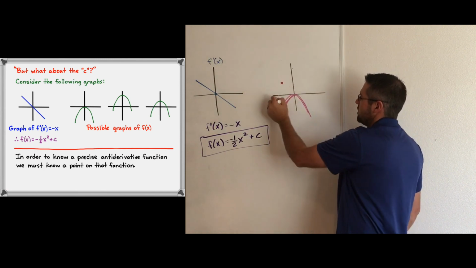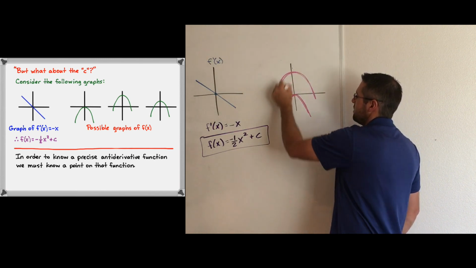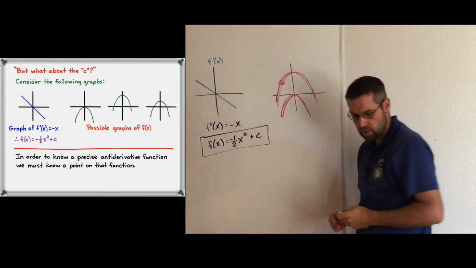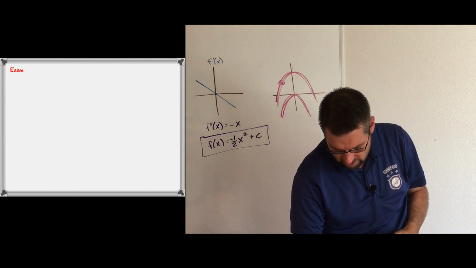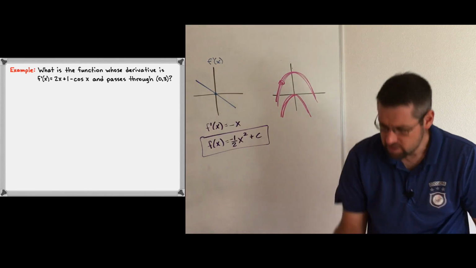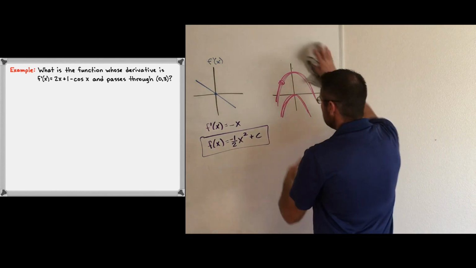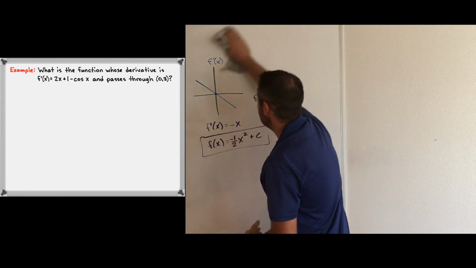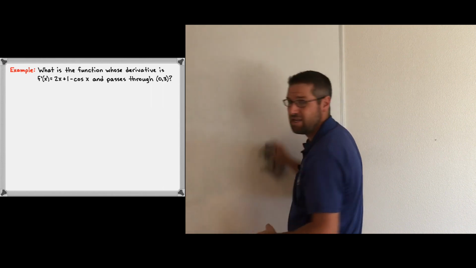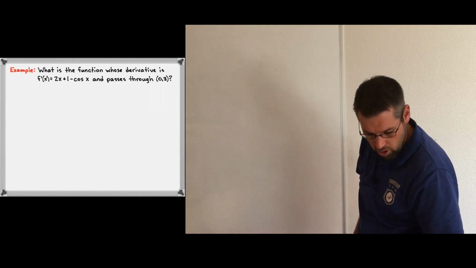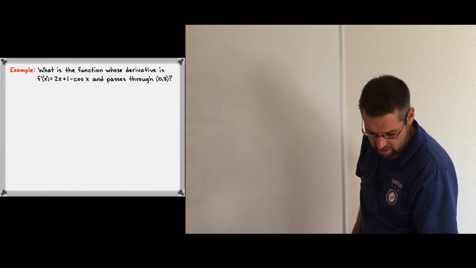We would know that we'd have to shift up here to hit the point that I'm trying to get to. Okay? So analytically, what that looks like is taking the antiderivative, putting plus c, and then plugging in what we call maybe the initial condition to our equation to solve for that unknown.